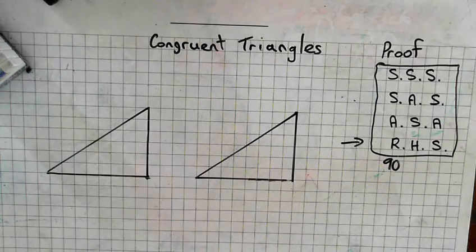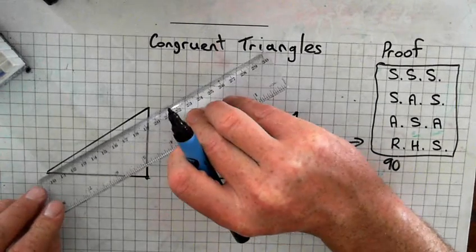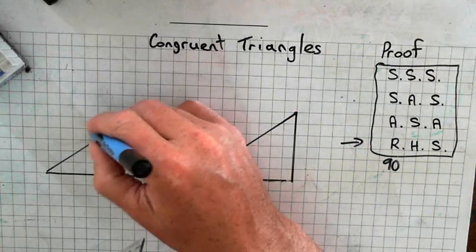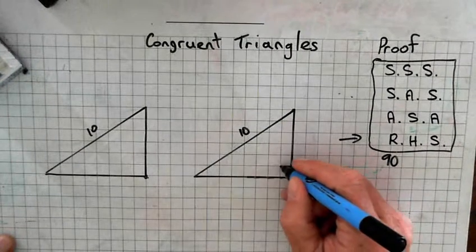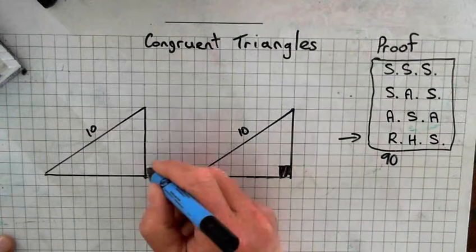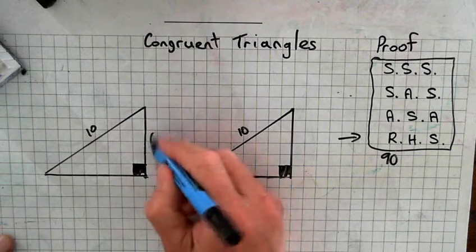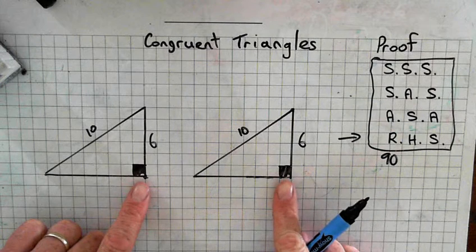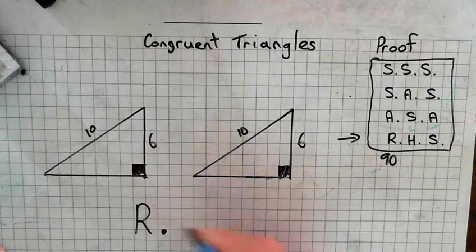Right. If I get that, that's actually 10, a length of 10. This one has a length of 10 as well. They're both right angles, 90 degrees. And this side here is 6 here. So we've got a right angle. They're 90 degrees.